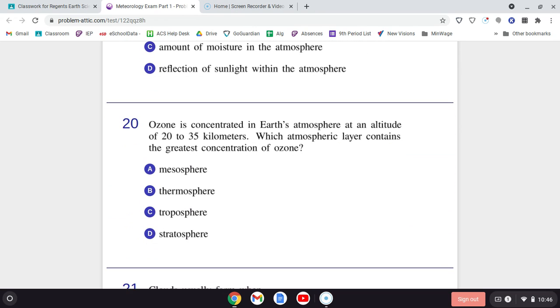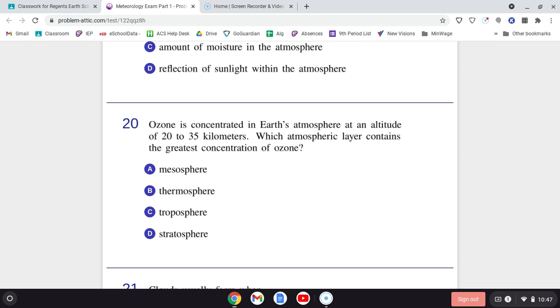Ozone is concentrated in Earth's atmosphere with an altitude of 20 to 35 kilometers. Which atmospheric layer contains the greatest concentration of ozone? Let me look here. I think it's page 14. You're going to find which one, and it's given us between 20 and 30 kilometers of altitude.